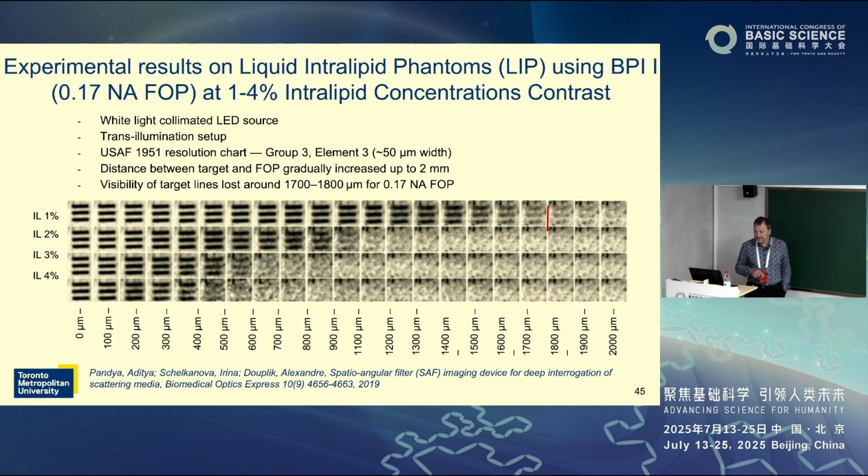And this is shown just as a plot. And then we started to work with different concentrations of intralipid. The higher the concentration of intralipid, basically, intralipid is some sort of milk, which is applied in the ICU for feeding the patients in case they cannot swallow, they cannot eat normally.